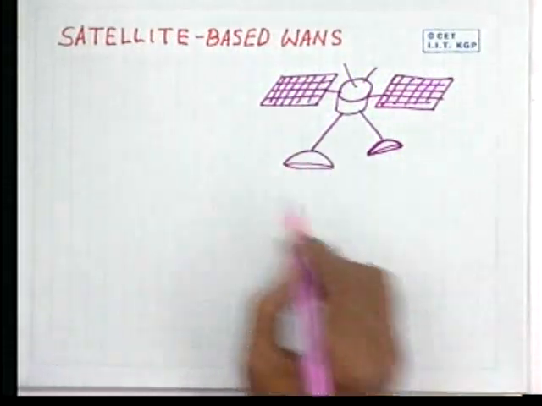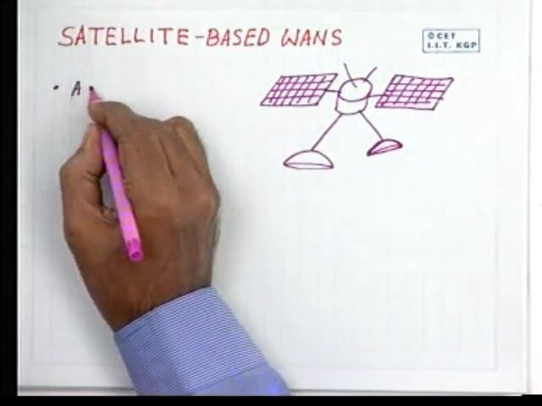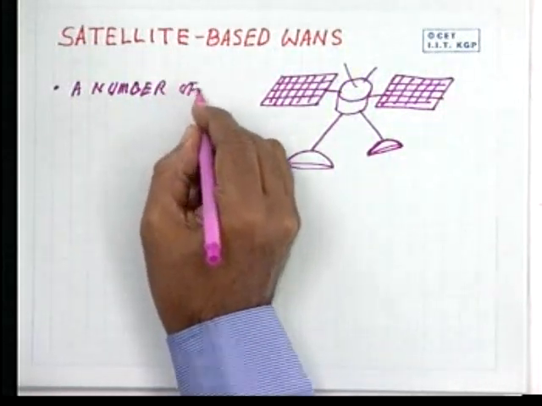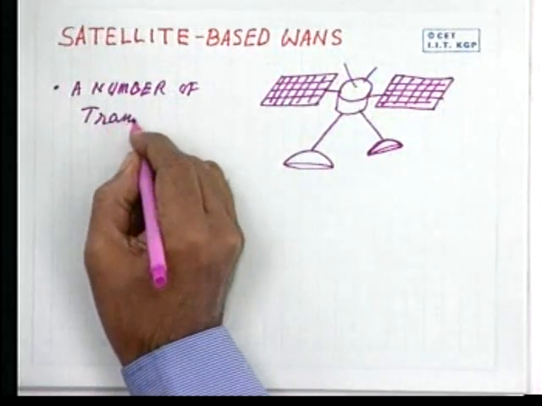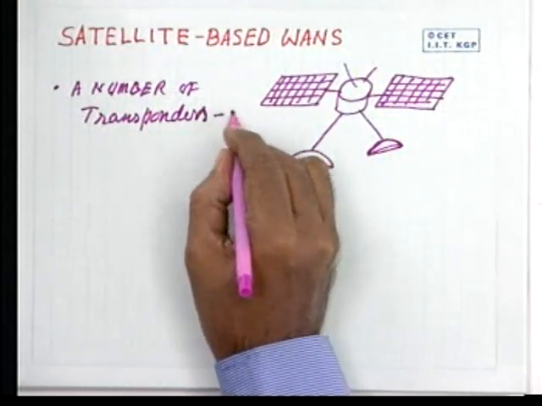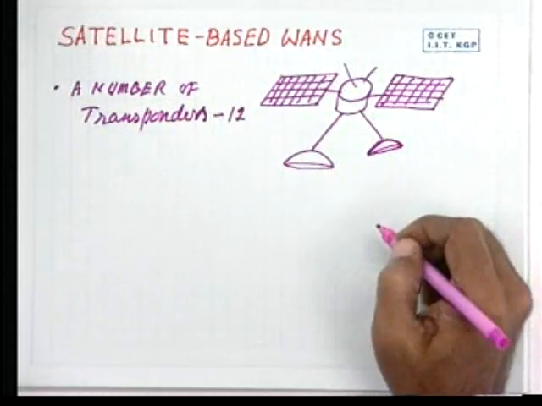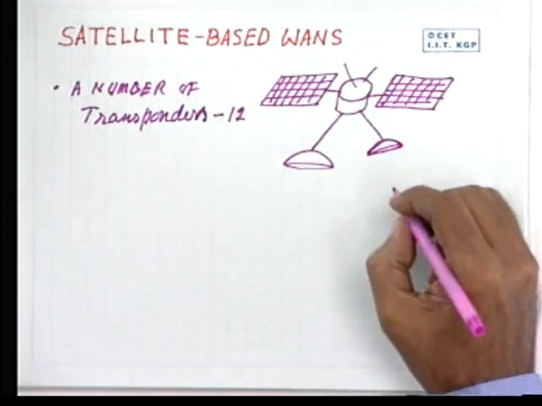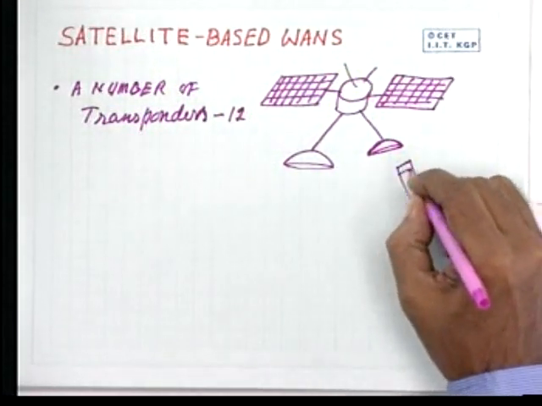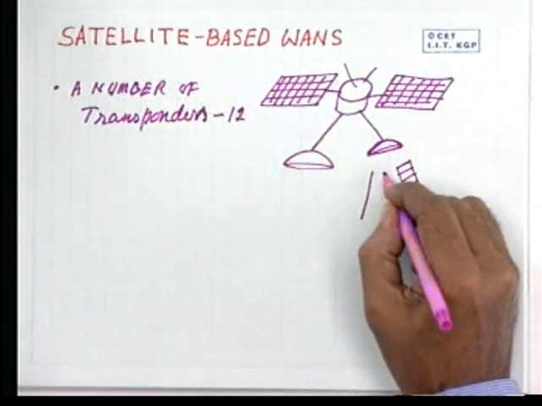So each satellite is provided with a number of transponders. The number is usually about 12. So there can be 12 transponders which are used for communication purposes, and each transponder can receive packets from ground station and can send packets towards ground.